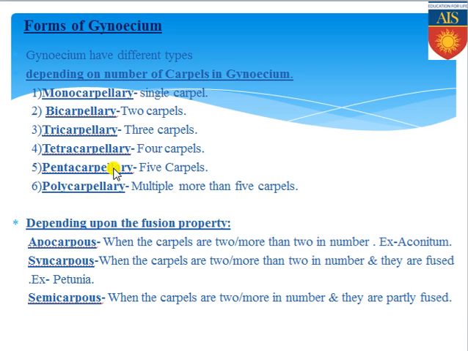Example, petunia. And semicarpous means when the carpels are 2 or more in number and they are partly fused, not totally fused, okay. That's why the word semi has come. So these are the classifications of carpels based on the fusion property, and previously we classified the flower based on the number of carpels, okay.